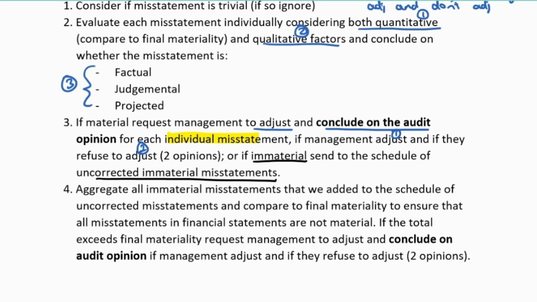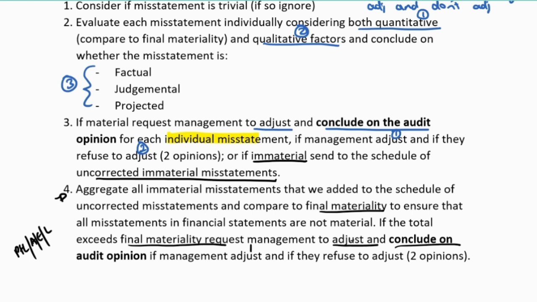Okay, and then once again, I need to go and aggregate all the immaterial on that schedule to compare it to final materiality, and then see if it exceeds final materiality, any of those categories, whether it be profit and loss, assets, equity, or liability, I need to request management to adjust, and then I need to, once again, conclude.